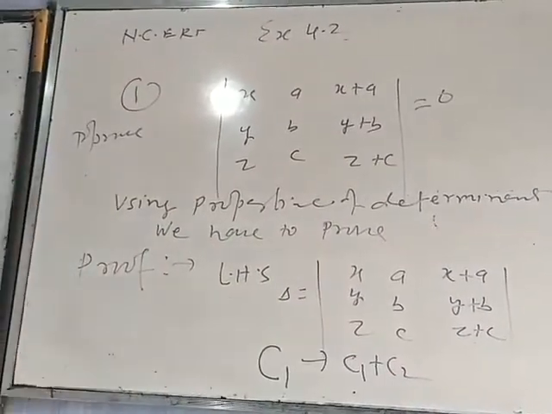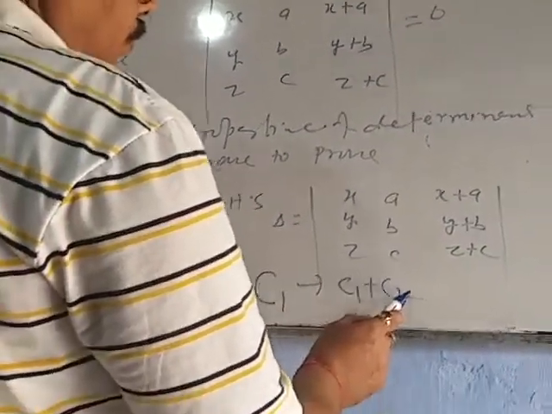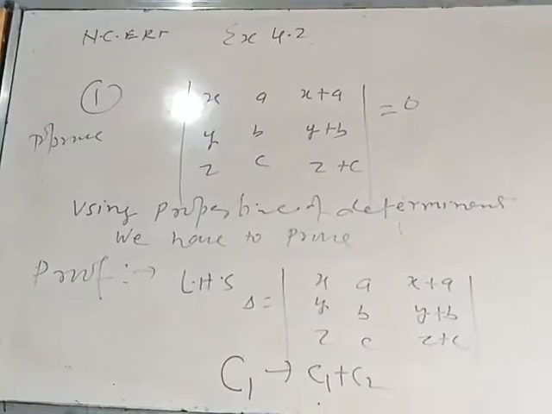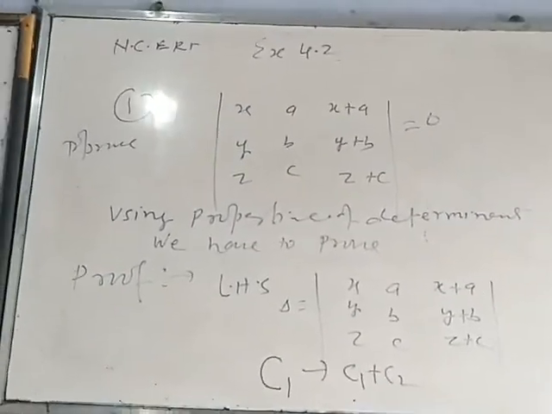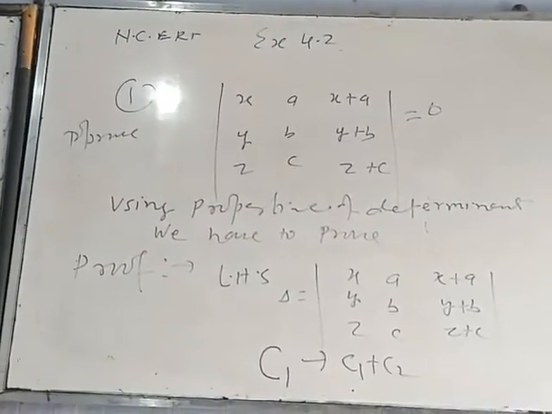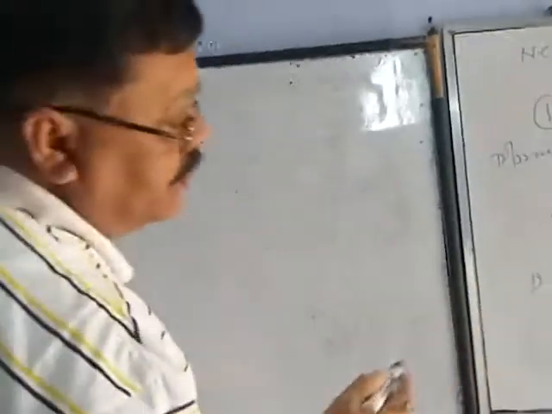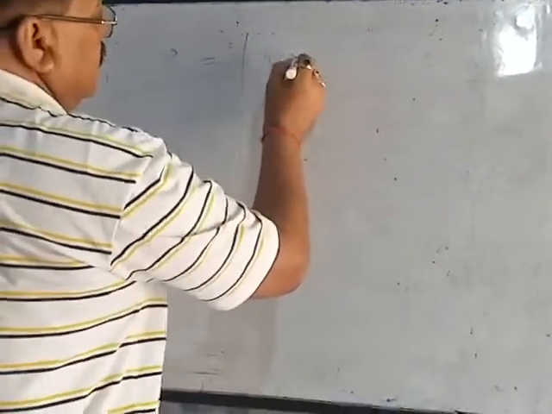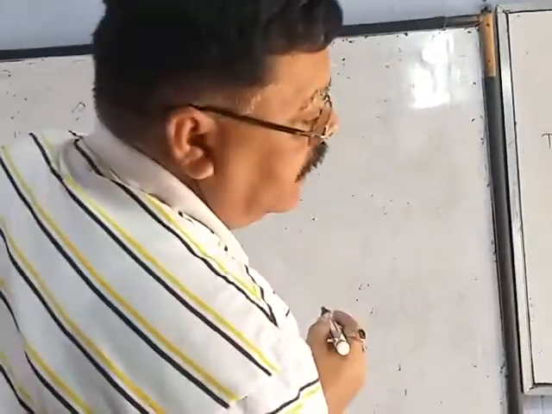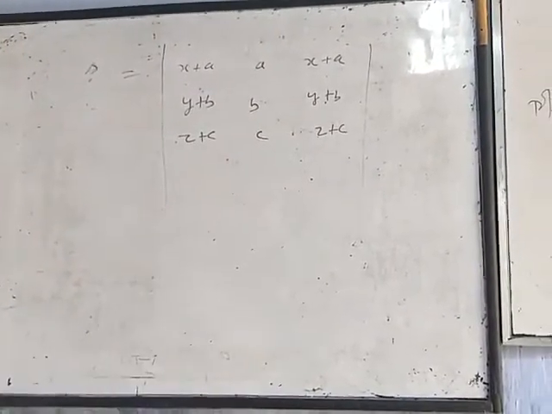We operate this operation, and after this operation we can get the next step, the determinant with first column x plus a, y plus b, z plus c.